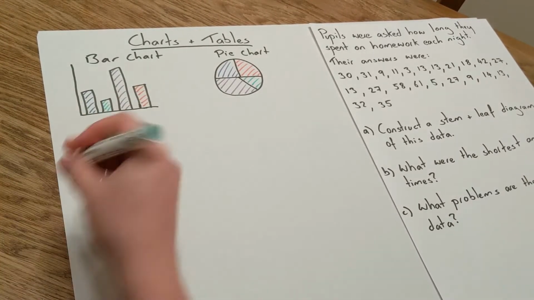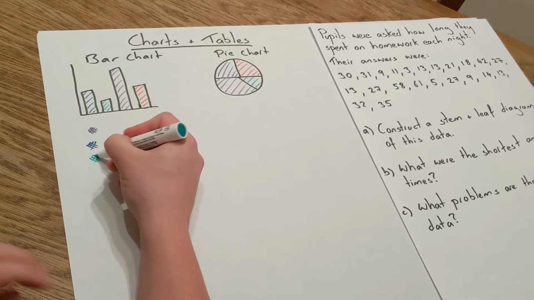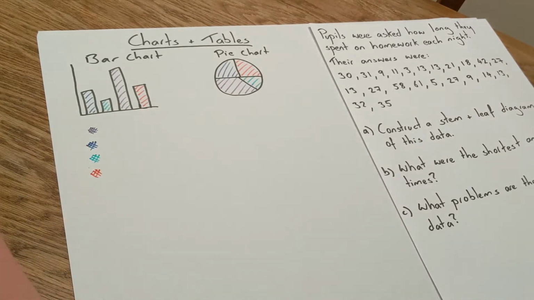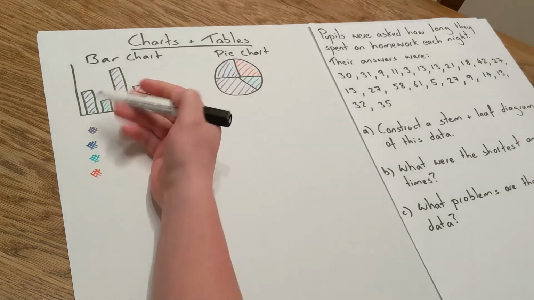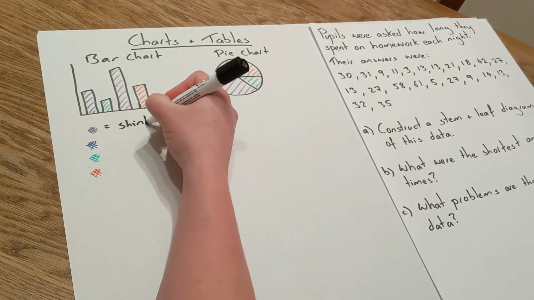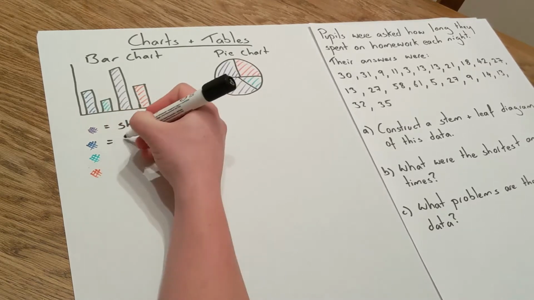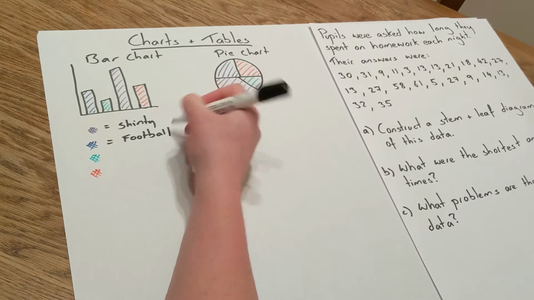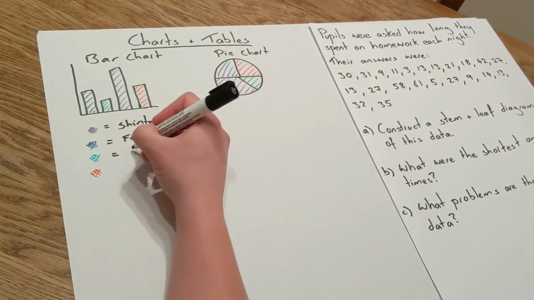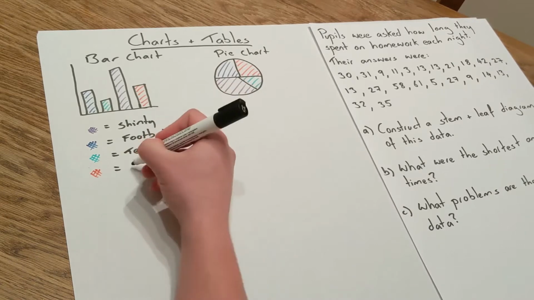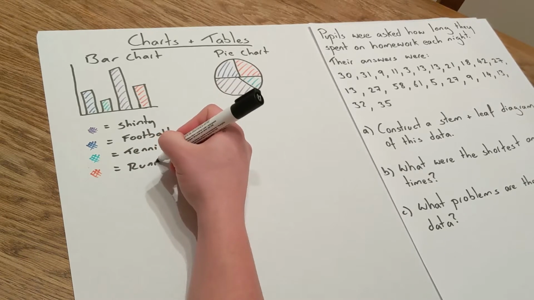Then, if we made a key for that, we'd be able to get a little bit more information from the graphs. So if we say that purple equals shinty, blue equals football, green is tennis, and red is running.